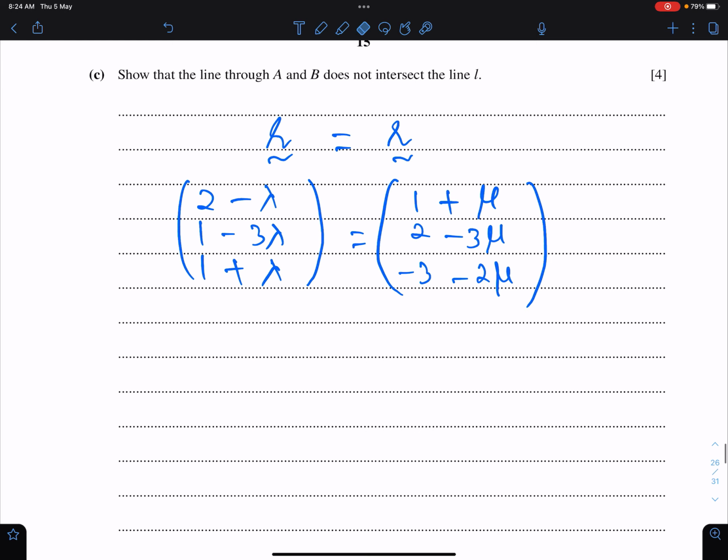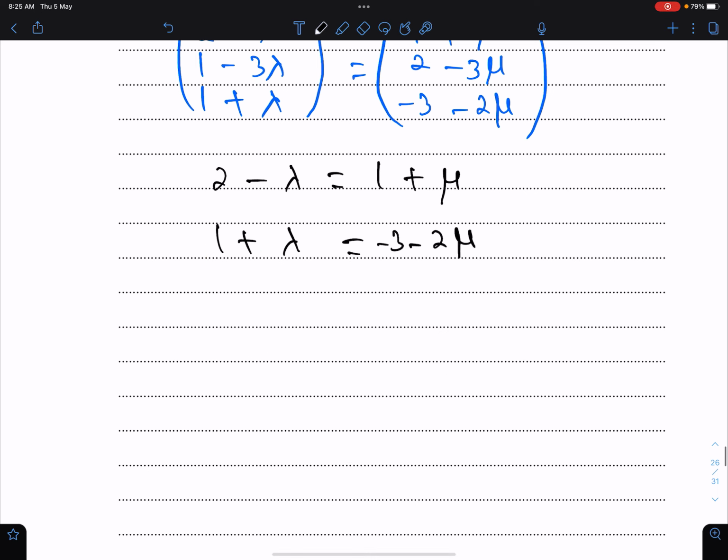Now solve any two equations. Any two. I'm solving this one and this one. So 2 minus lambda equals 1 plus mu, and 1 plus lambda equals minus 3 minus 2 mu. By adding these two equations, we have 3 on the left hand side and minus 2 minus mu on the right hand side.